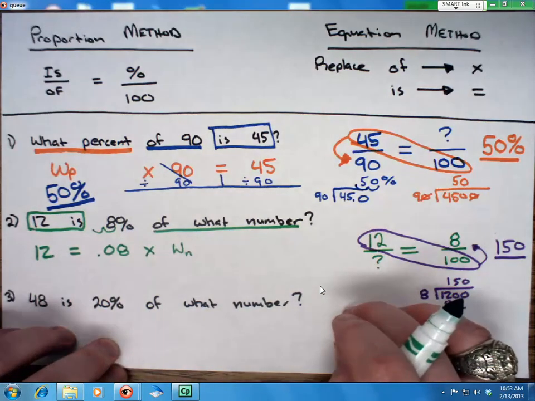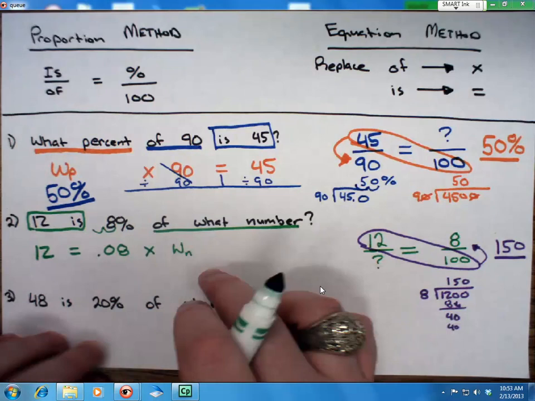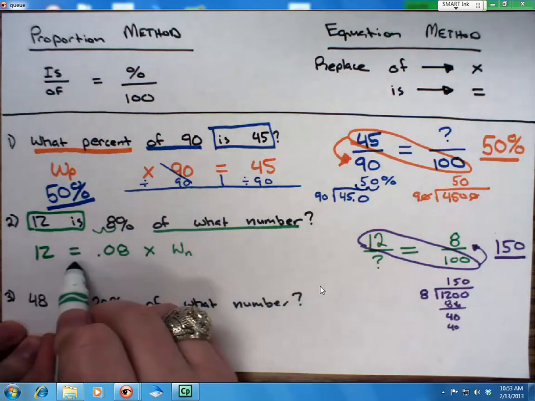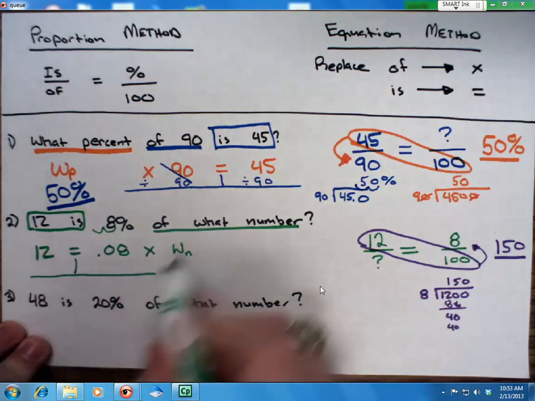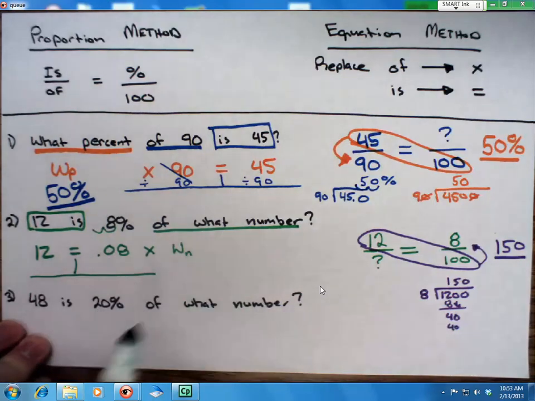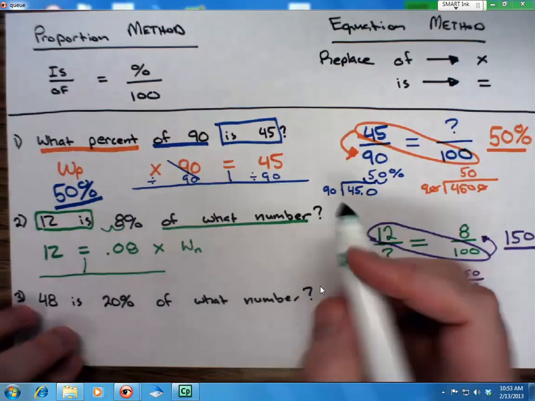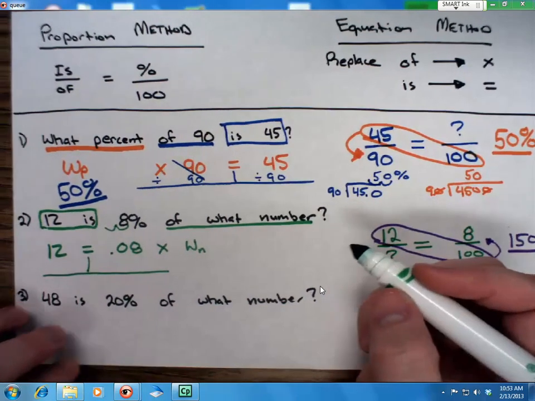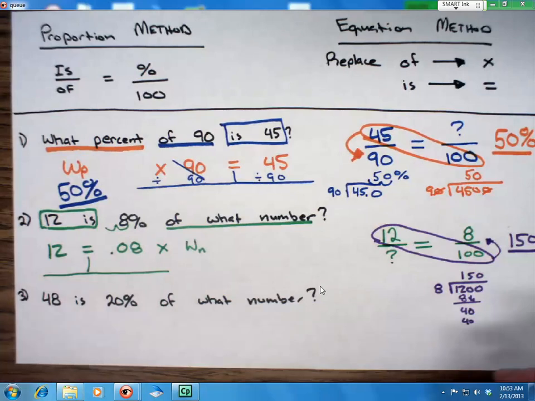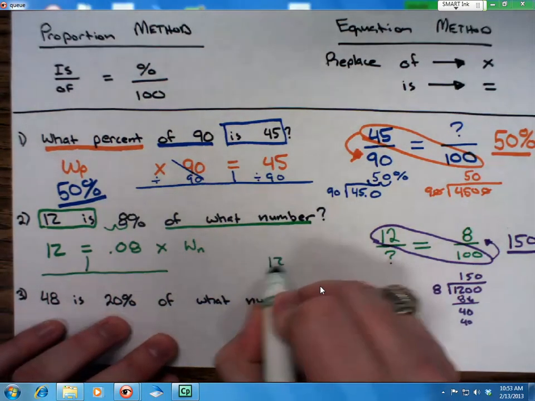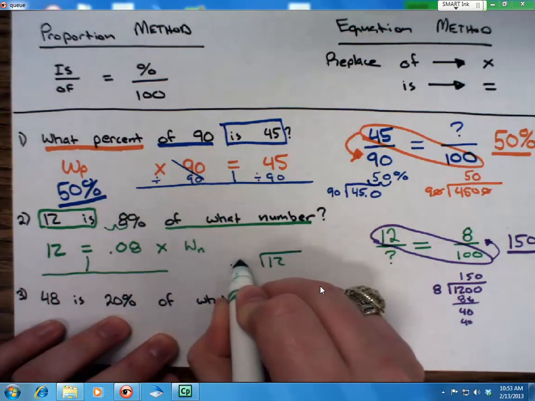Now that I have that, I can solve it. Again, I would have to do my balance beam. How do I get rid of this 0.08 right here? Since I'm multiplying over here, what's the opposite of that? What's the opposite of multiplication? Yes, I would have to divide: 12 divided by 0.08.